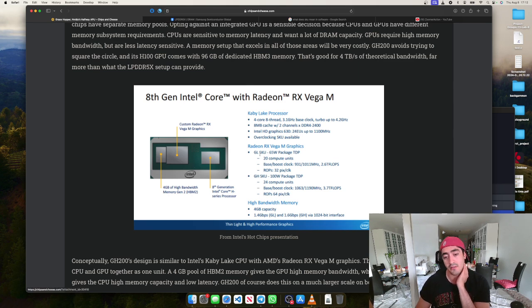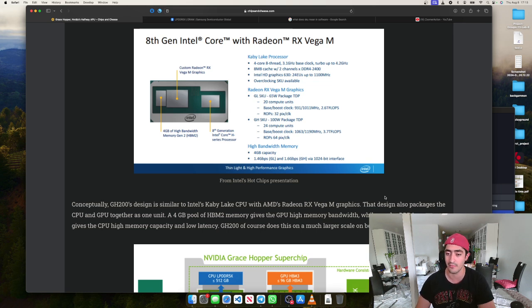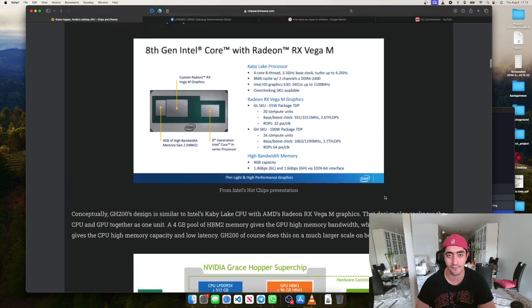Then you have GL SKU, 65 watts, package DDP, 20 compute units, base slash boost clock 931 slash 1011 megahertz, 2.6 teraflops, and you have ROP 32 pixels per clock. GH SKU, 100 watts, package DDP, 24 compute units, base over boost clock is 1063 over 1190 megahertz, 3.7 teraflops, and that's that.